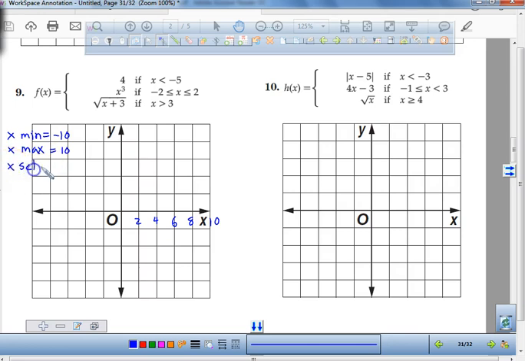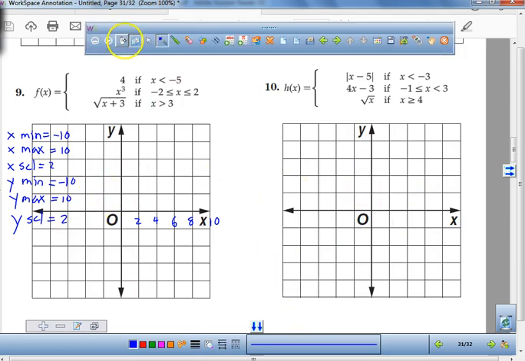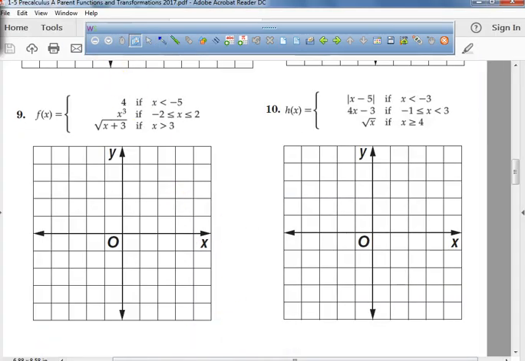Our x scale is going to equal 2. Our y minimum is going to be -10. Our y maximum is going to be +10. And our y scale is also going to equal 2. You're going to have the same scales for both problems. So make sure that before you do those, you set that up.